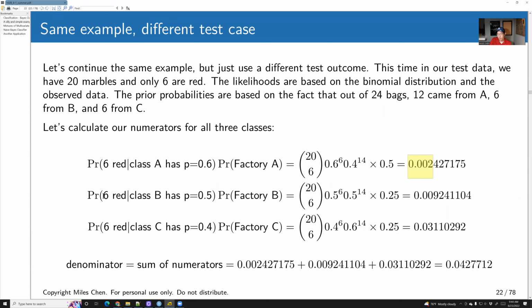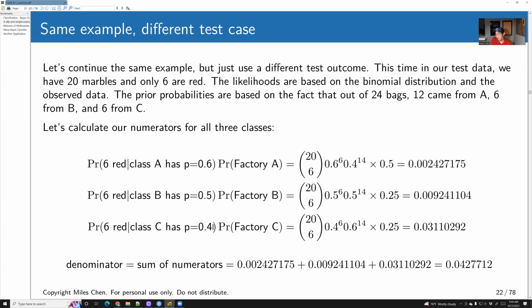Okay, what about factory B? Factory B normally fills up with 50% probability red, and we only get 6 out of 20. So we do 0.5 to the 6 times 0.5 to the 14. We multiply that by its prior probability of 1/4, and we get 0.009. What about factory C?